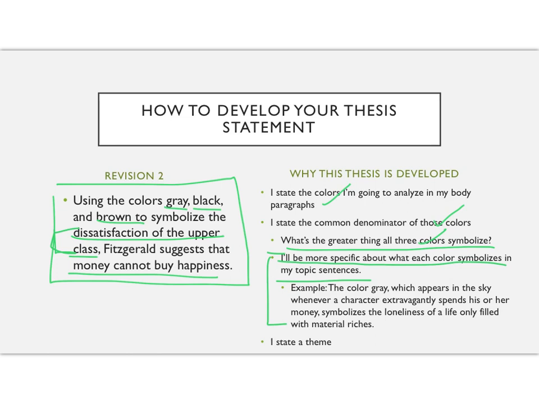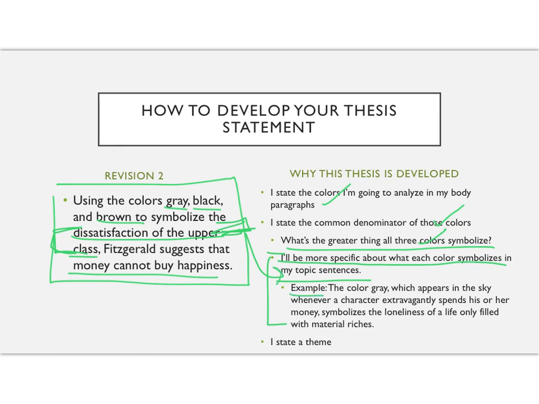For instance, I do not want to say gray symbolizes the dissatisfaction of the upper class, black symbolizes the dissatisfaction of the upper class, brown symbolizes the dissatisfaction of the upper class. This, again, is just a very broad statement of what all these colors symbolize. In my topic sentences, this is where I can be more specific about what each color symbolizes.